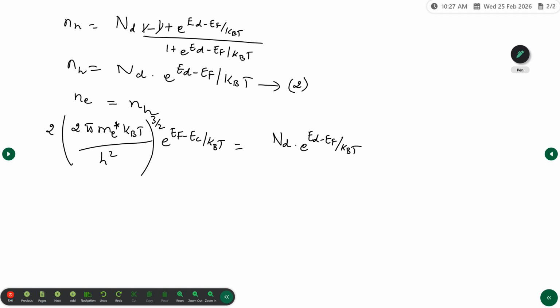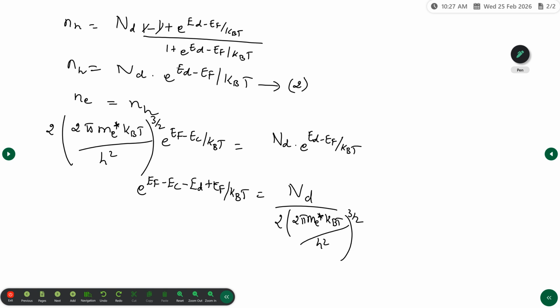So exponential of EF minus EC, if you take this to the denominator, it becomes minus ED plus EF by kBT, equal to ND divided by 2 into (2 pi ME star kBT by h square) power 3 by 2. So we have EF plus EF, that is 2 EF.